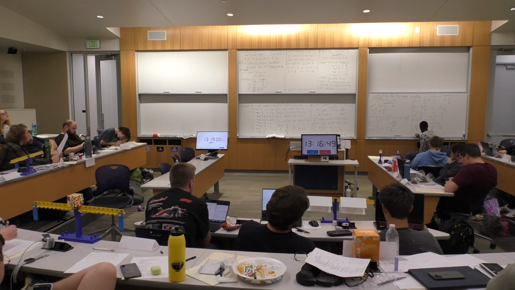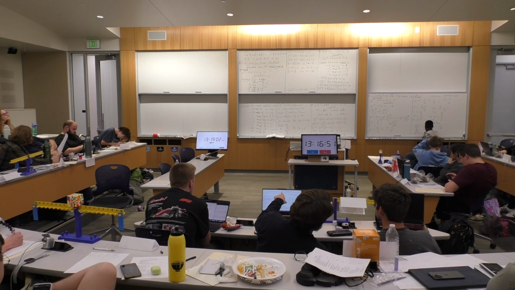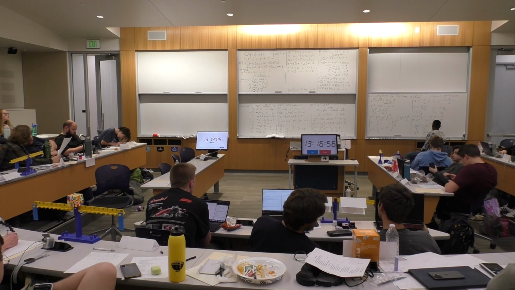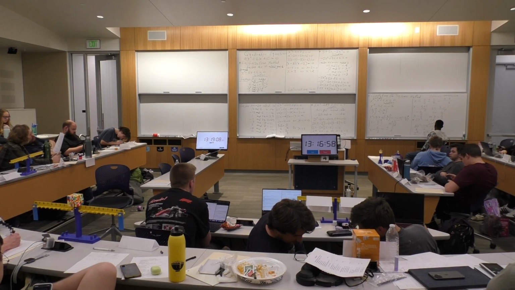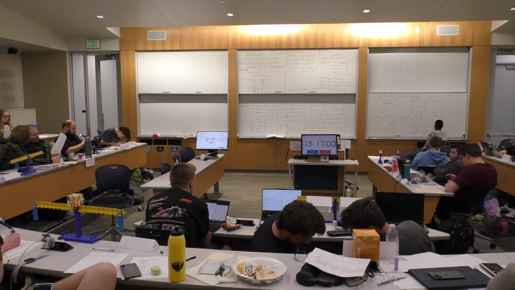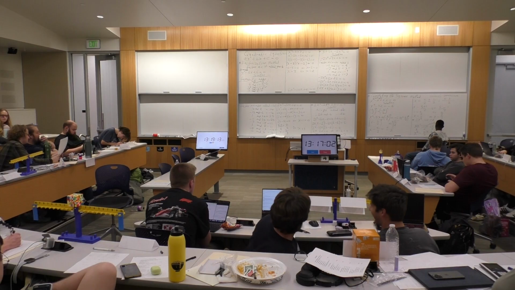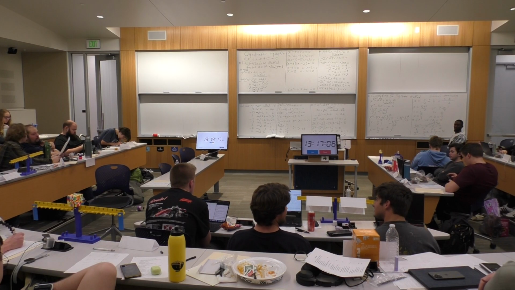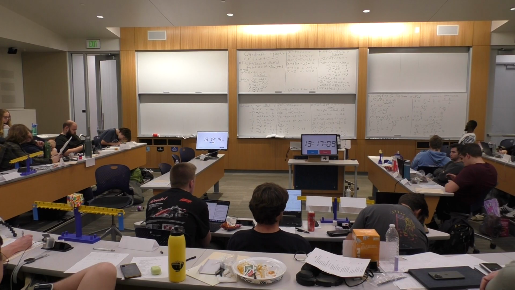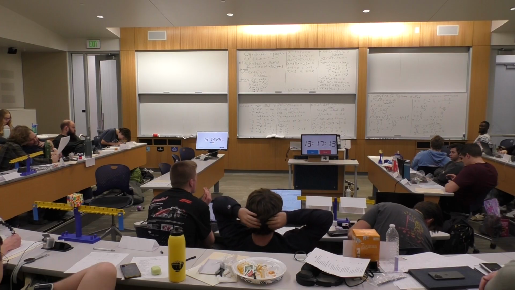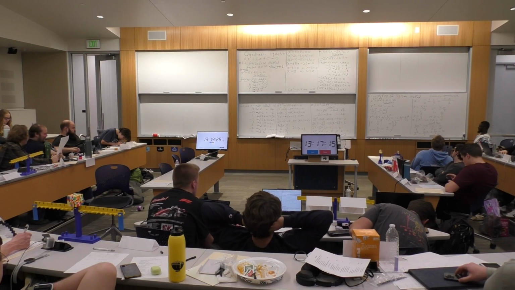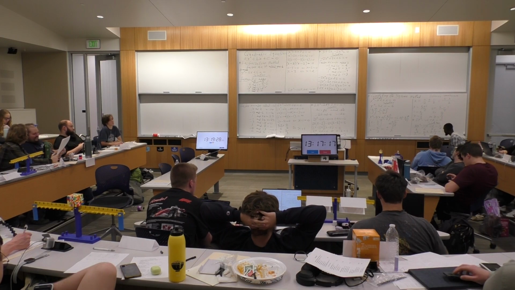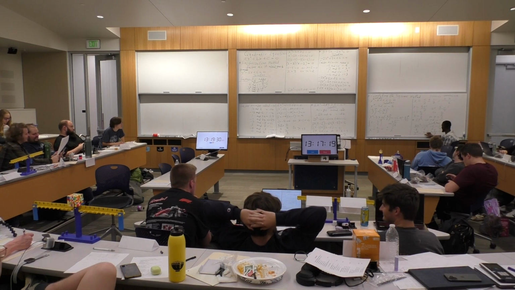This will be x squared minus 5 over 3 x plus 2 over 3 equals 0. Yeah, the middle term is 5 over 3. Good, thank you.